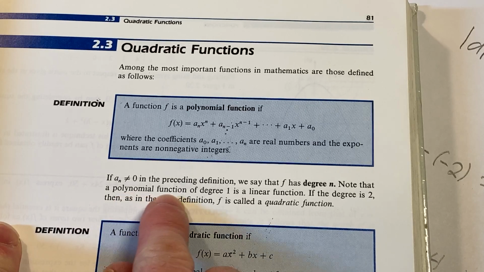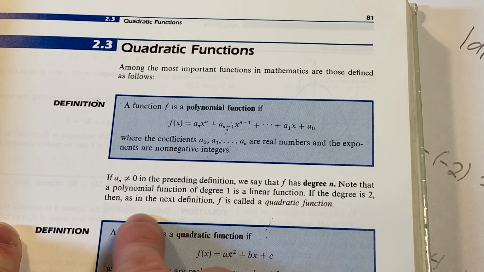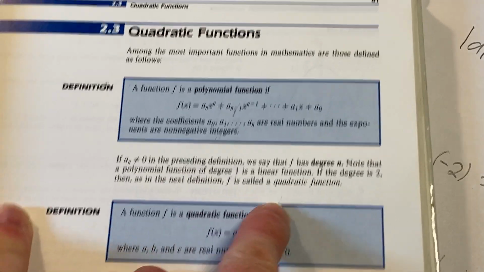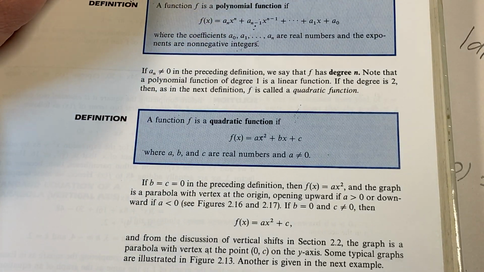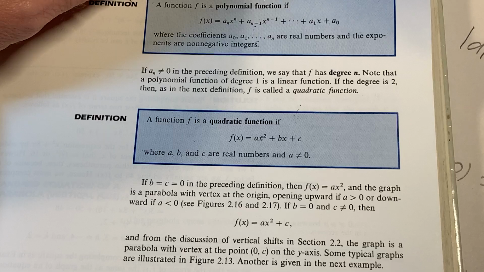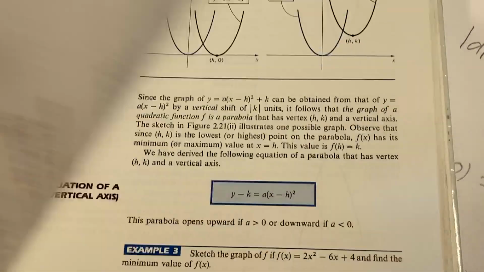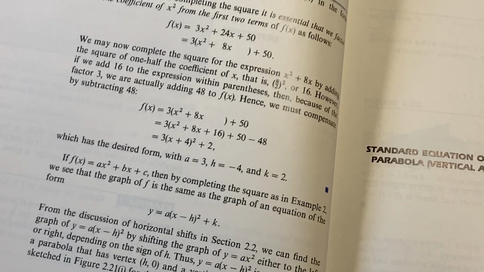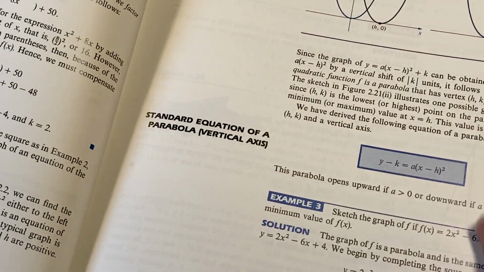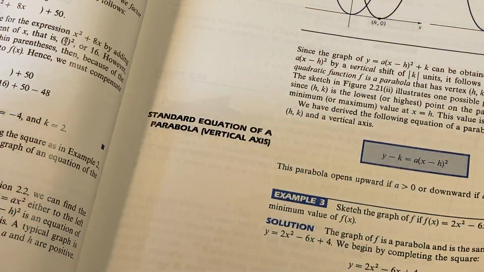Note that a polynomial function of degree 1 is a linear function. If the degree is 2, then, as the next definition, f is called a quadratic function. Yeah. They didn't actually define the degree when a sub n is not equal to 0. They didn't say anything about that. So you can say things about that, depending on the book. Yeah, interesting stuff.